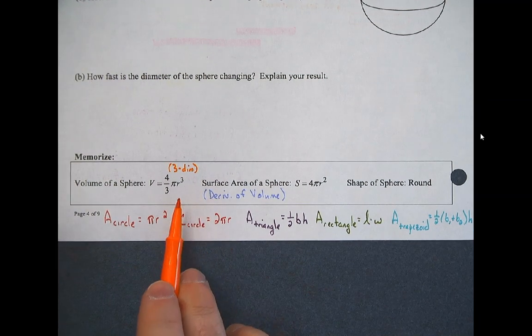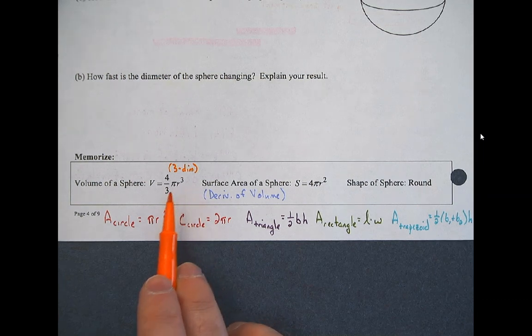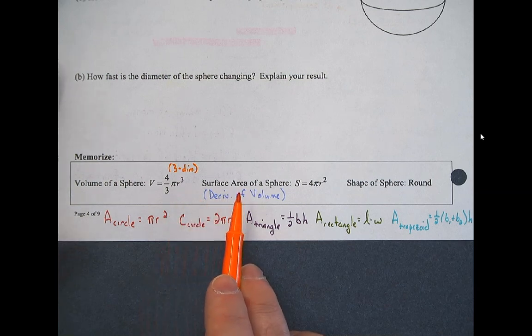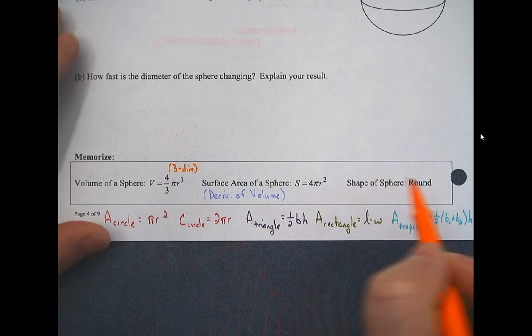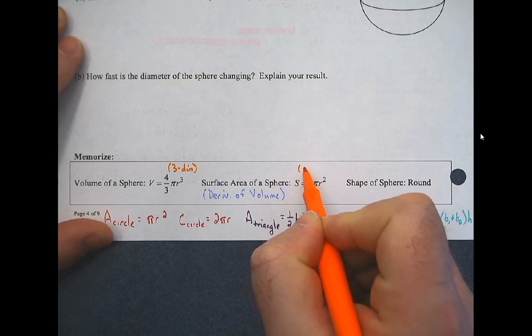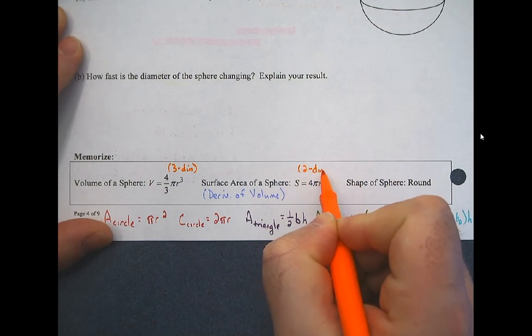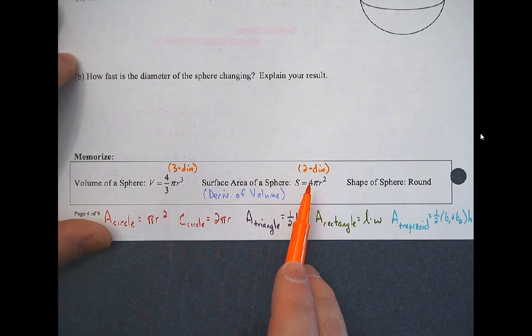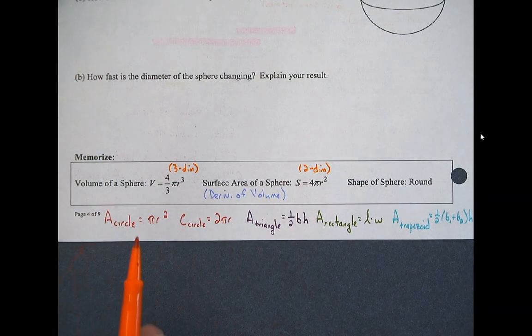I always think of a cube when I think of volume, which is length times width times height. For us, it's radius and radius and radius. Either way, you've got 3 measures of length that are multiplied together. Well, surface area is a 2-dimensional scenario. So the derivative of an x cubed is an x squared. So it's always going to have this kind of pattern.